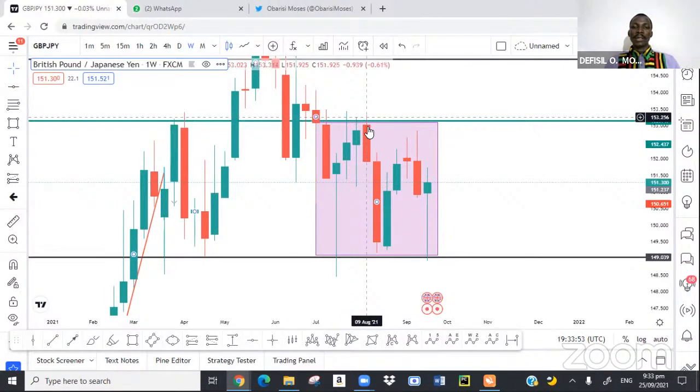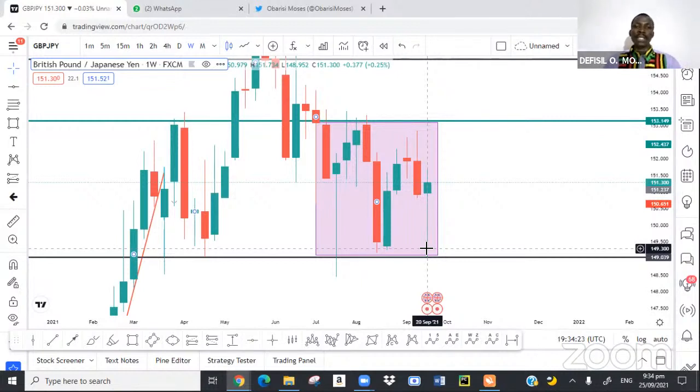Then it came down to this level, then it did this movement up, which is now a lower high, then a lower low. Then at this level again, it did a higher high, higher low. Then it went up, it came down to this region. So that's why I'm saying that this market is currently ranging.